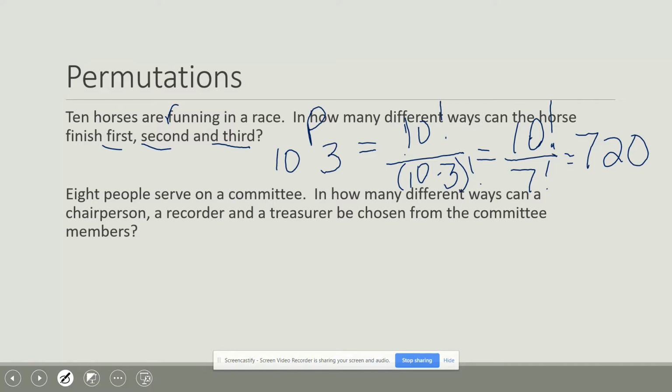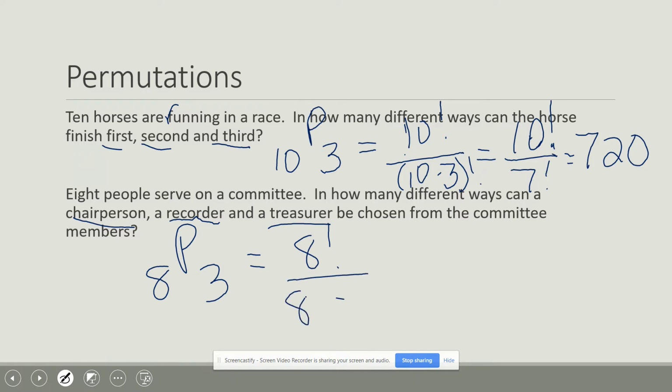8 people serve on a committee. How many ways can a chairperson, recorder, and treasurer be chosen from the committee members? Okay, so we have 8 total people, and there are 3 positions: chairperson, recorder, treasurer. That's 3 positions. So we have 8P3, which is 8 factorial over 8 minus 3 factorial.